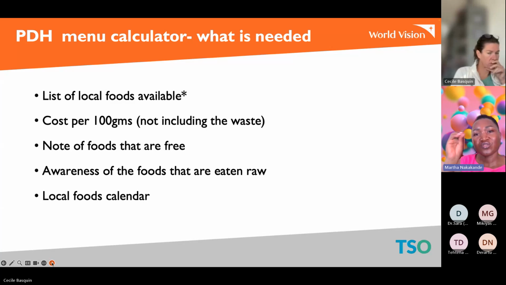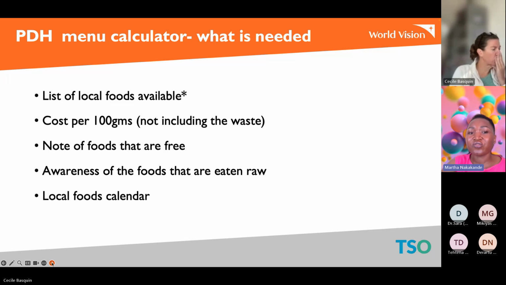Even when the foods are free, you also must have information that this is a food that is freely available. For example, some leafy vegetables just grow in the community and anyone can pick them, or some fruits on trees in the community where people just pluck and consume and they don't have to buy them.